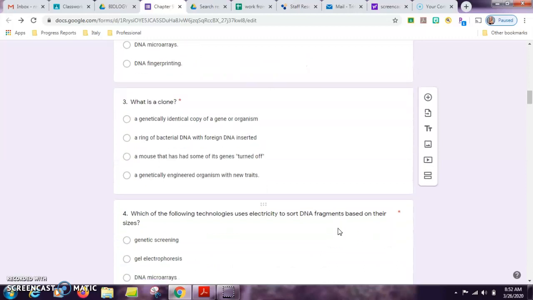Number 3. What is a clone? A genetically identical copy of a gene or organism, a ring of bacterial DNA with foreign DNA inserted, a mouse that has some of its genes turned off, or a genetically engineered organism with new traits.